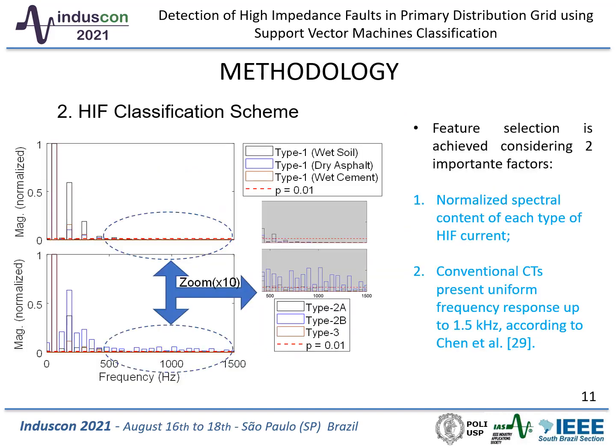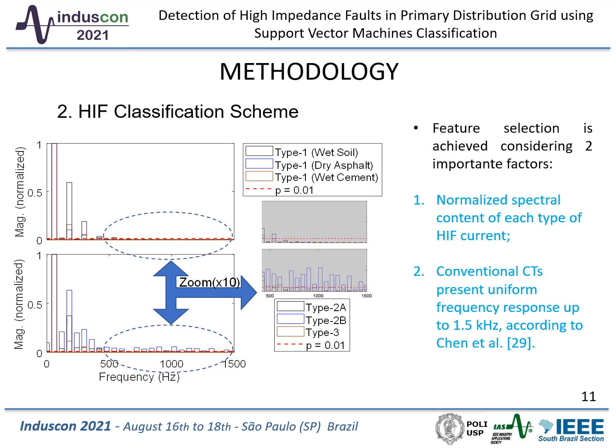Feature selection was carried out considering the normalized spectral contents of each type of fault current, type 1, type 2, and type 3, present starting from 0 Hz, DC component, until the 25th harmonic order, 1.5 kHz. The normalized spectral contents of each type of HIF are presented in this picture.